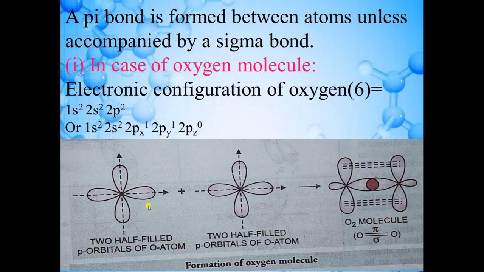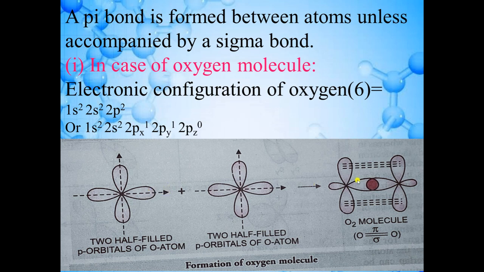This is for the first oxygen atom and these orbitals are for the second oxygen atom. One electron is present here and one electron is present here. Now what will happen? There will be pairing of electrons, and pairing of electrons will take place only by overlapping of orbitals. So there will be overlapping between these two orbitals.